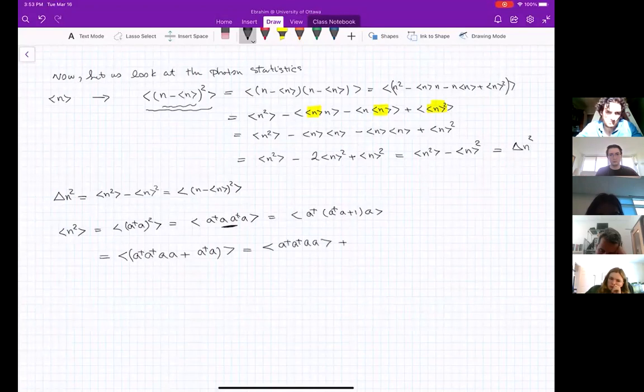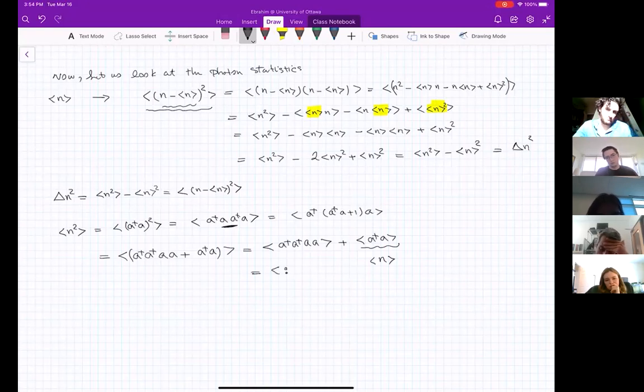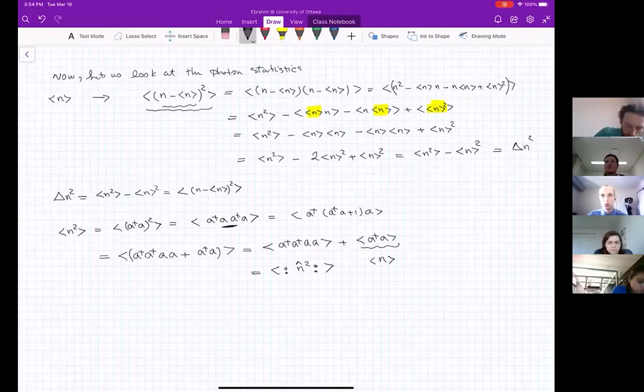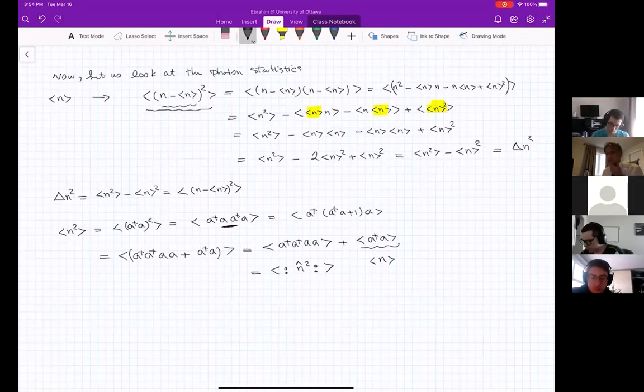The second term will be a dagger a. So Felix, what is this? This is n. Exactly, this is n. And this is a normal order of n squared. Do you agree? Yep. Guys, do you agree on this? How many people have problem with this derivation? I think it should be clear. We previously used that. Okay.